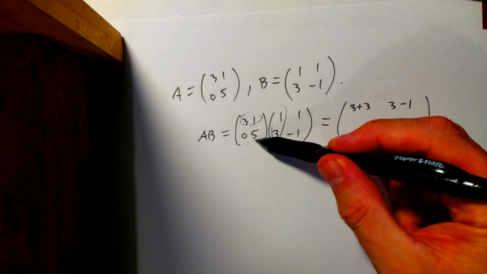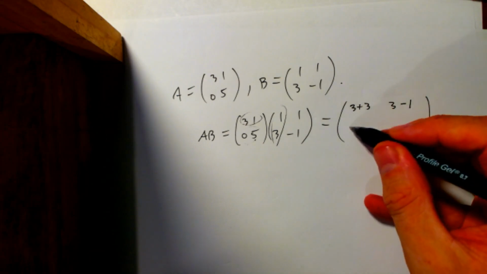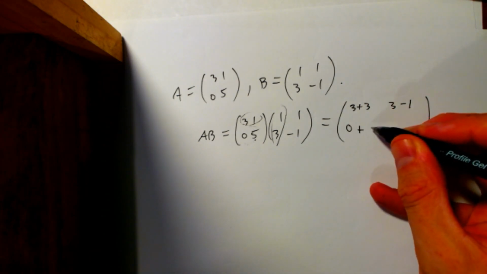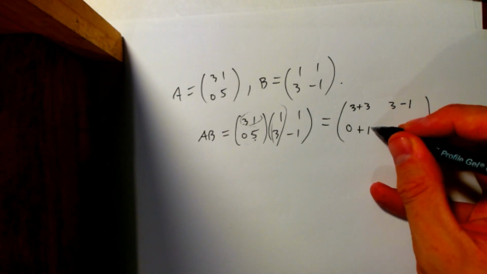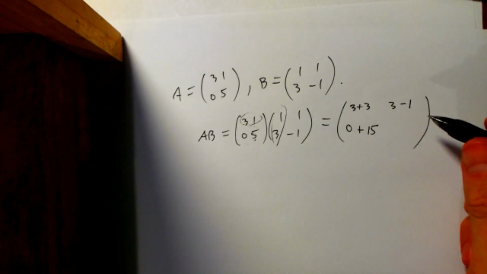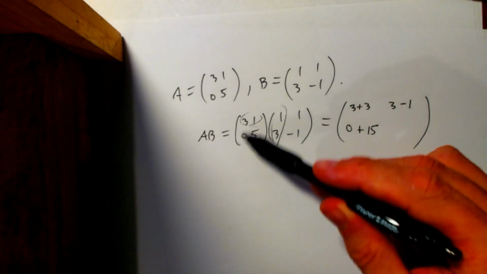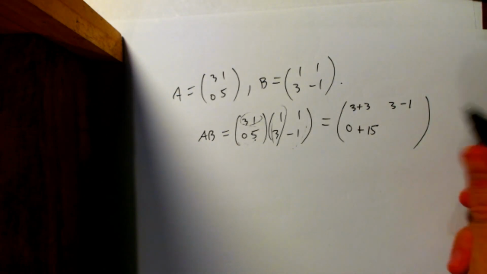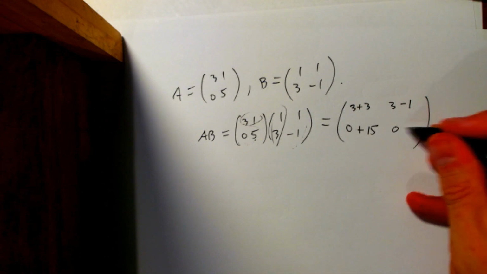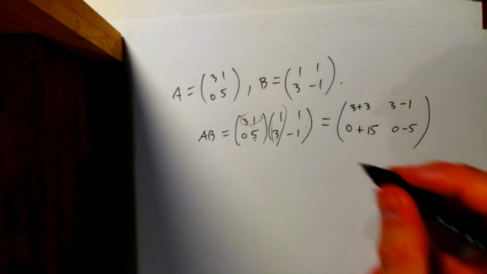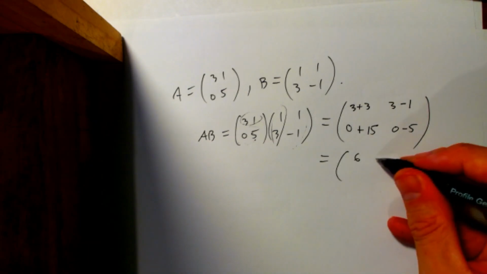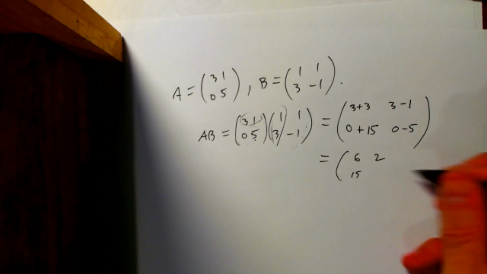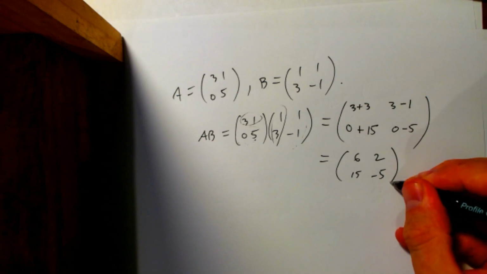Then this row match with this column is 0 plus 15, which is 5 times 3. And then this row match with the last column of B is 0 minus 5. And so we've got 6, 2, 15, minus 5 as our product.